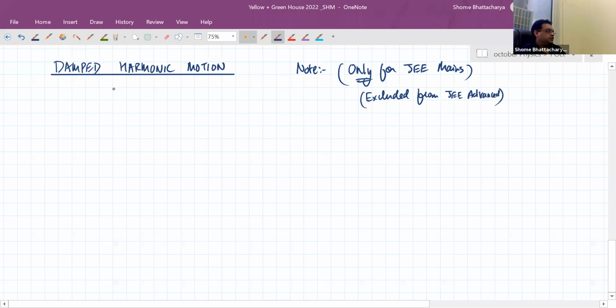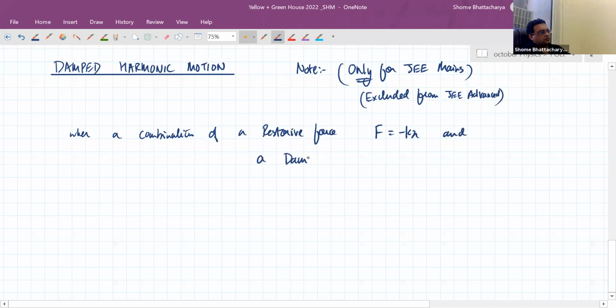So damped oscillation occurs when there is a combination of a restorative force and a damping force.